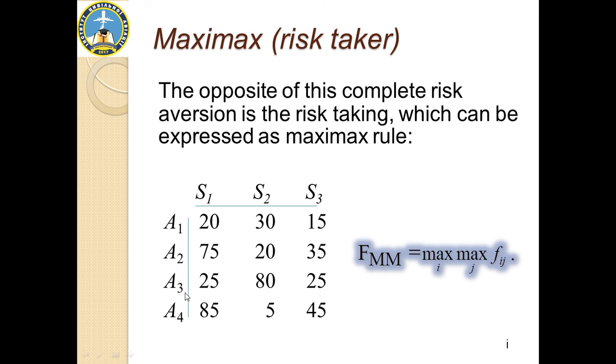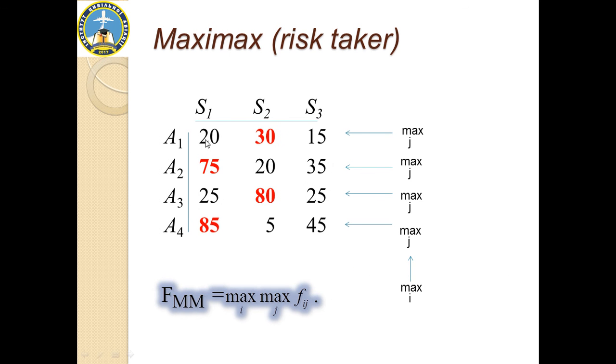So our maximax approach is like this. We find the maximum payoff for every decision-making option. So it's 30 for the A sub 1 decision option, it's 75 for A sub 2, it's 80 for A sub 3, it's 85 for A sub 4. So we find all these maxima and pick the maximum of these maxima.